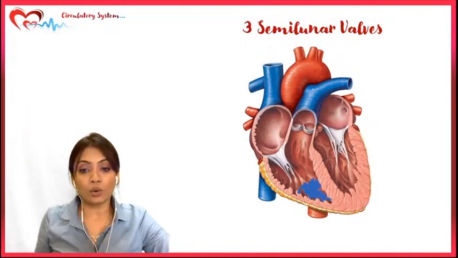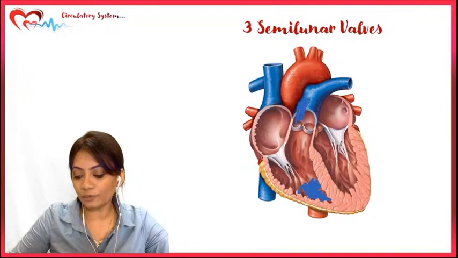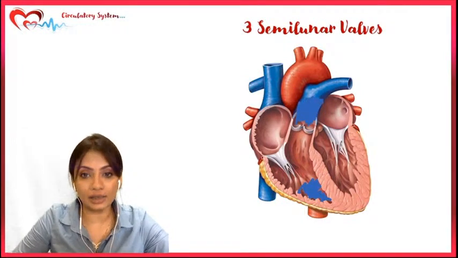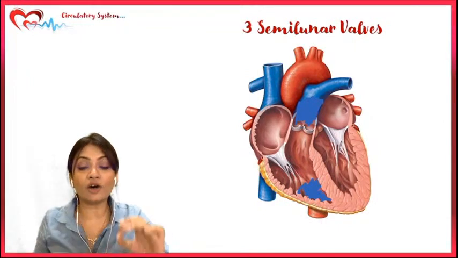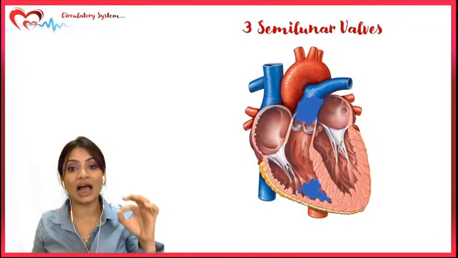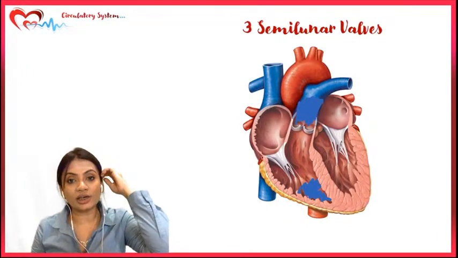Now what has happened? The pressure of the blood inside the pulmonary trunk is going to be higher than that of the blood in the ventricles. Correct?